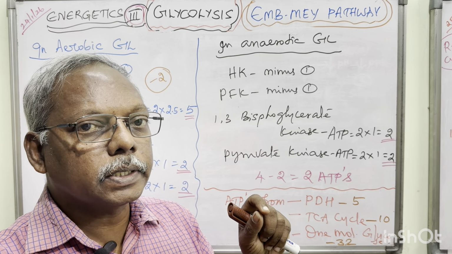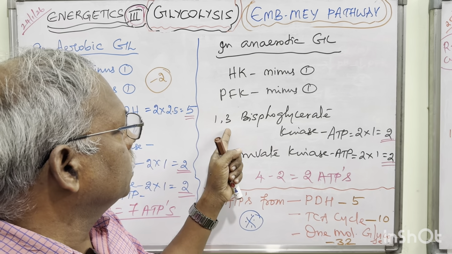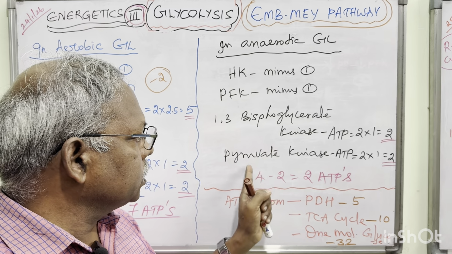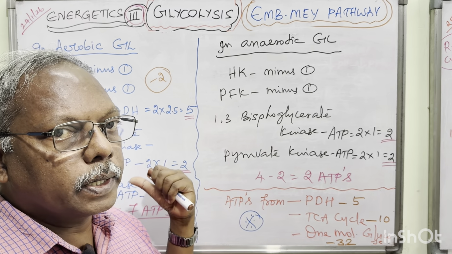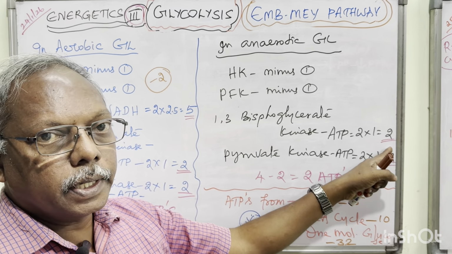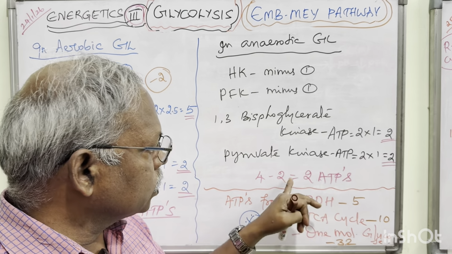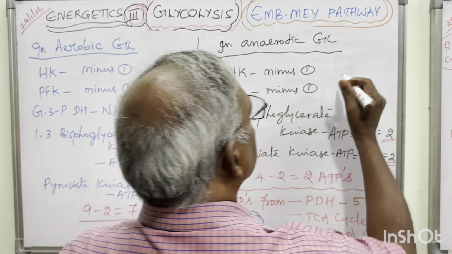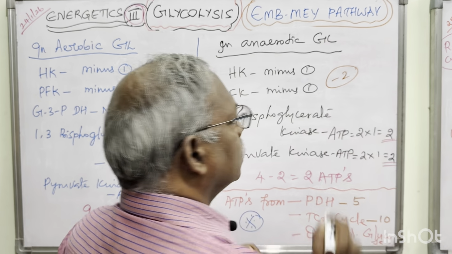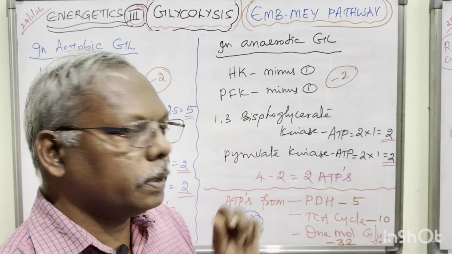So there will be no production of NADH. So the bisphosphoglycerate kinase and pyruvate kinase steps, the same as in aerobic glycolysis, produce direct 2 ATPs and 2 ATPs, 2 plus 2, 4. So 4 minus 2, here also we have to minus 2. 4 minus 2, 2 ATPs.